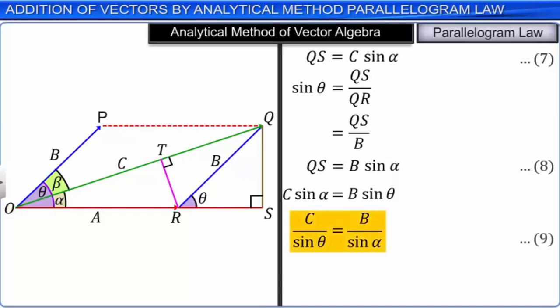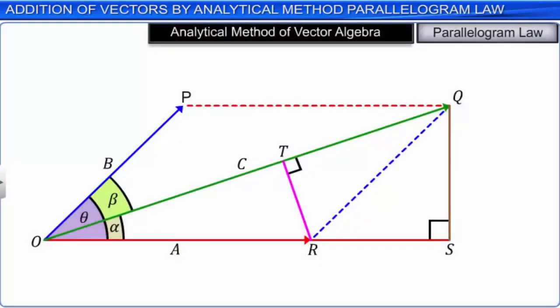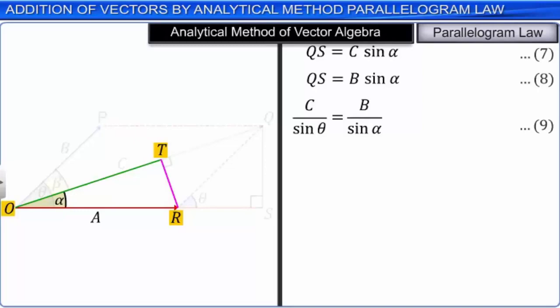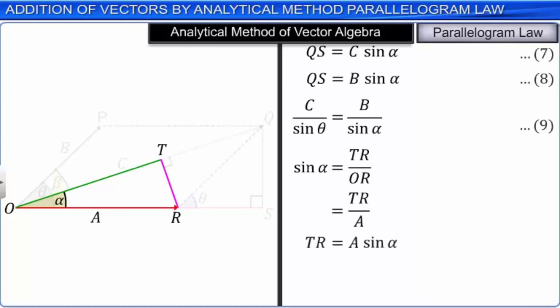Now consider the next triangle ORT. From triangle ORT, we can write sin alpha is equal to TR by OR is equal to TR by A. TR is equal to A sin alpha. Let this be equation 10. Consider the next triangle QRT.